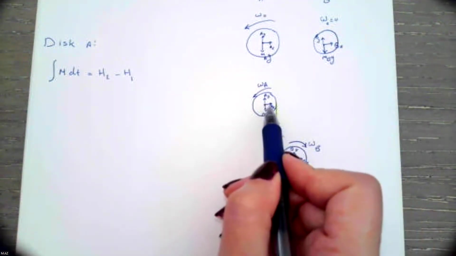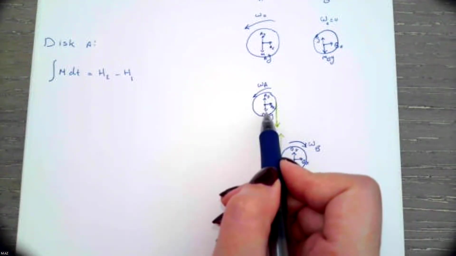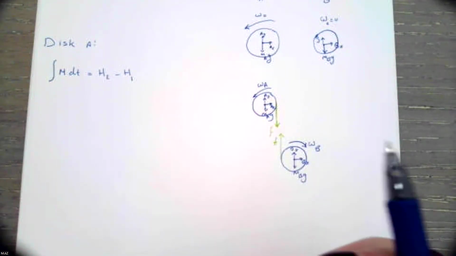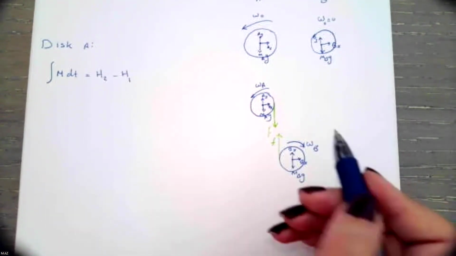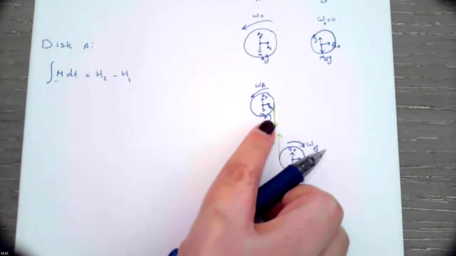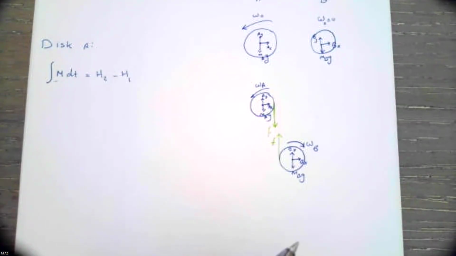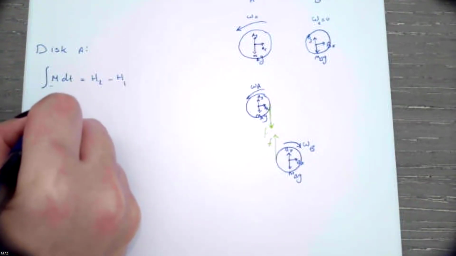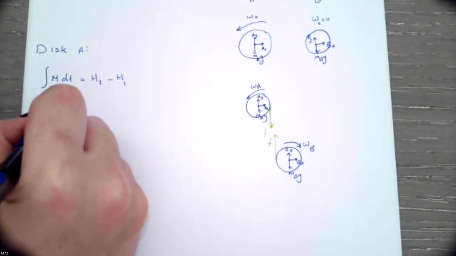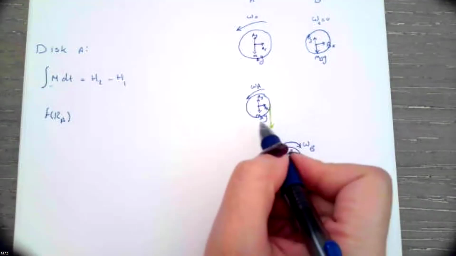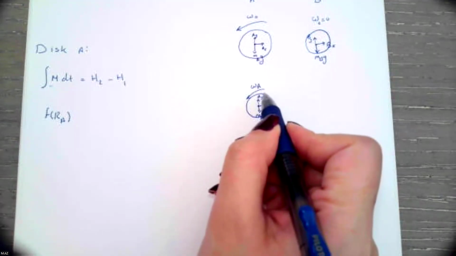But these two pin reactions and the weight of the disk pass through the center of the disk and don't make any moment. For this reason, for the moment part, we are involved with just one force, the friction force times the radius of disk A, and the rotation is clockwise.